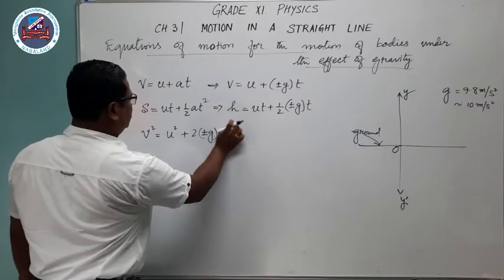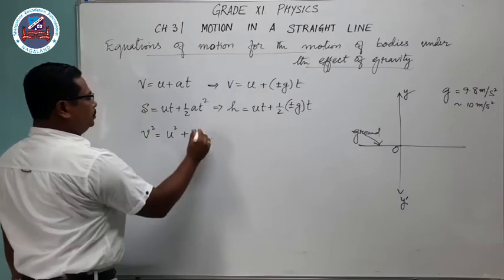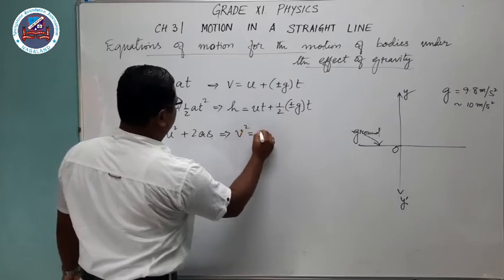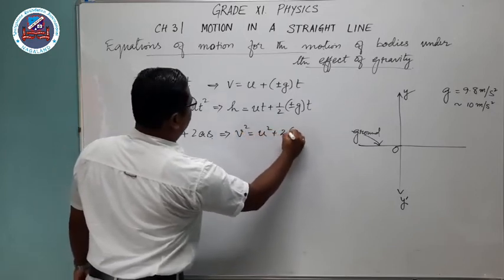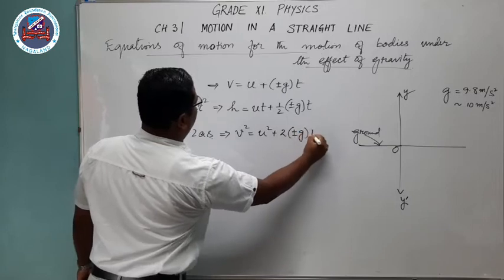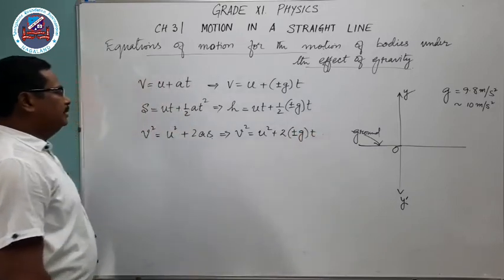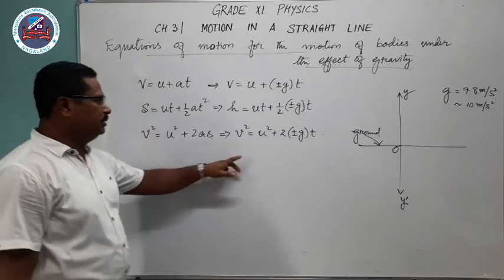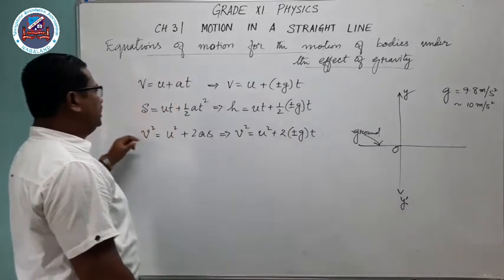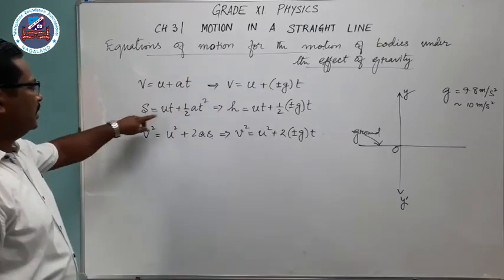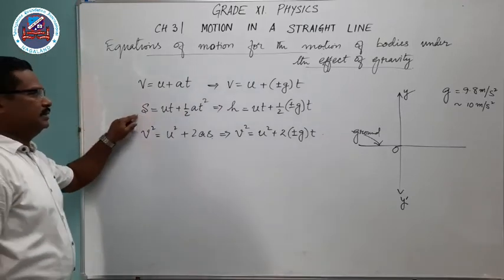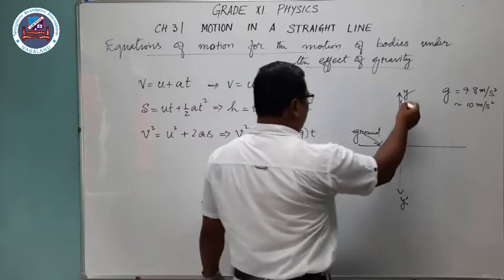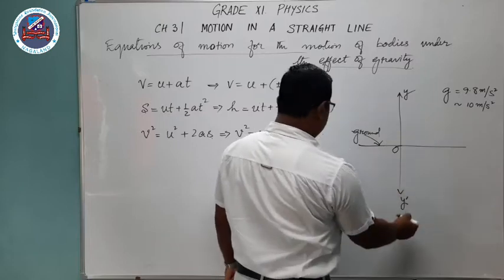First we write down the formula: v square is equal to u square plus 2as, which becomes v square is equal to u square plus 2 plus or minus g h. So simply the acceleration is replaced with the acceleration due to gravity g, and the displacement h we write in place of s. We can even write it as y, because we choose the y coordinate as the displacement.